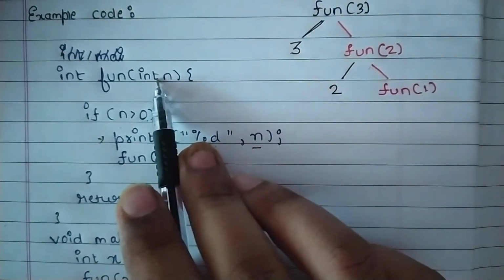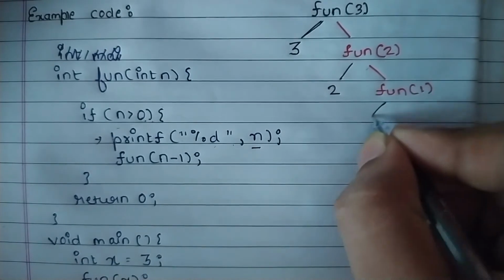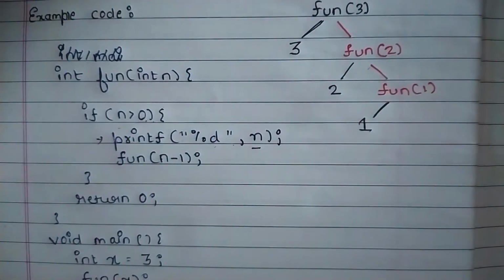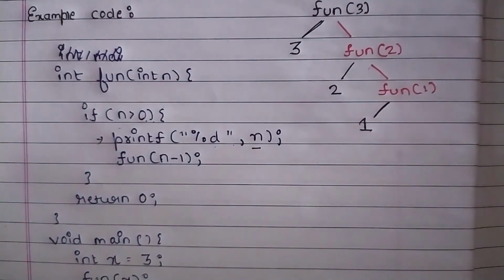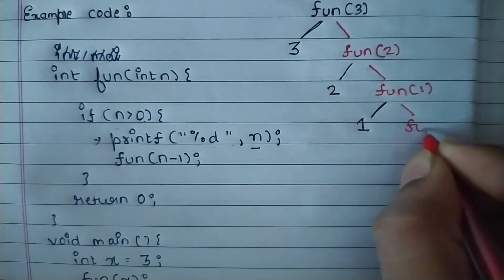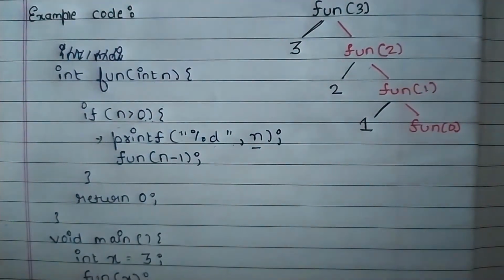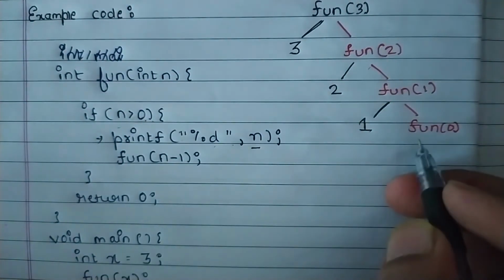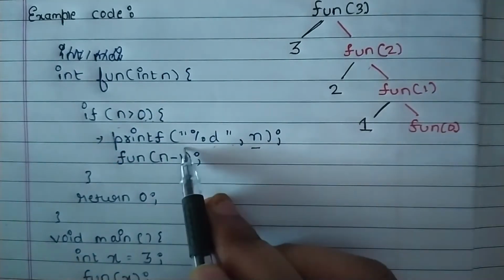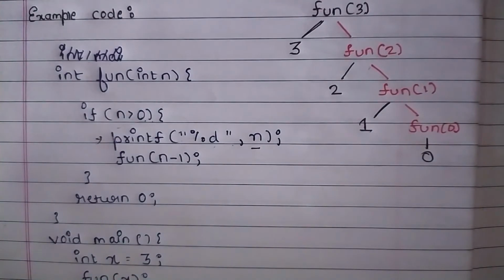Again the condition is true, it goes inside, prints 1, as well as calls itself with 0. Now the condition becomes false, so it will come out of this if block and it will return 0.